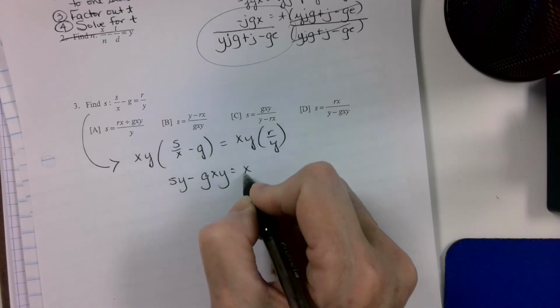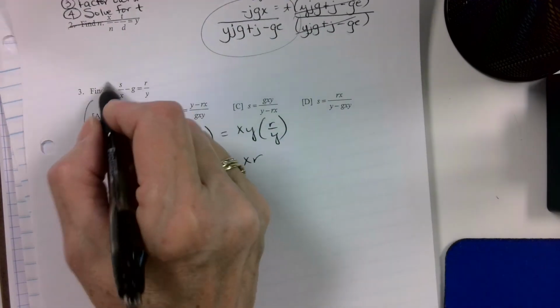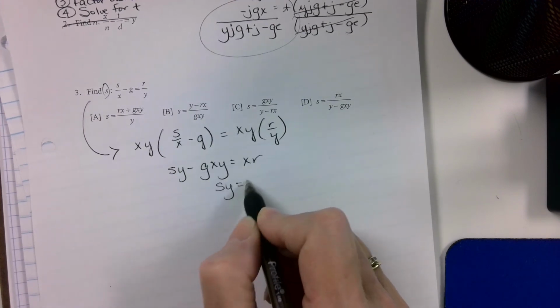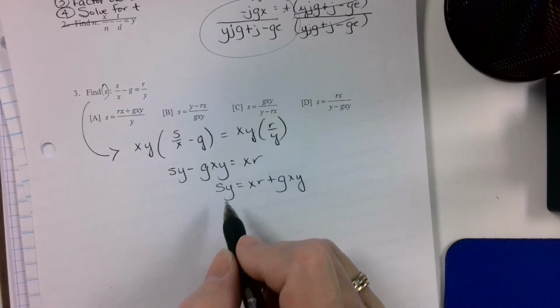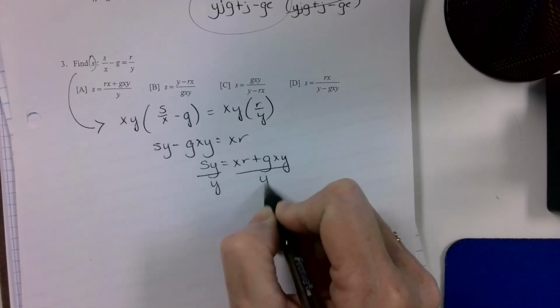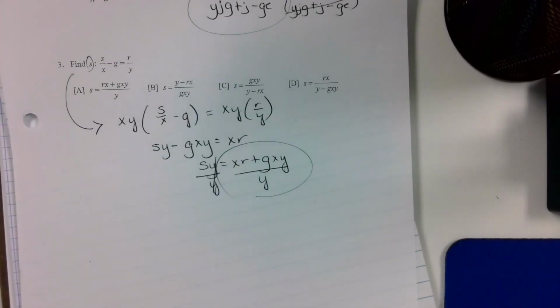Here the y's cancel, sorry. Here I'm solving for s. There's only one s, so I'm going to move this one to the other side. And it'll become positive. This one's real simple. I don't have a lot to factor out. I can just divide by y. And I've got it. Okay? I hope that's helpful.